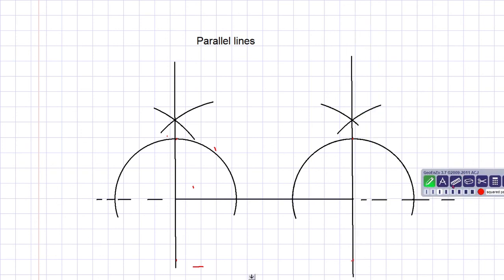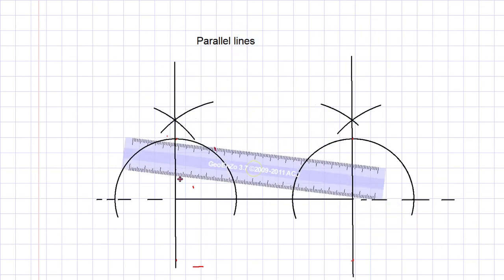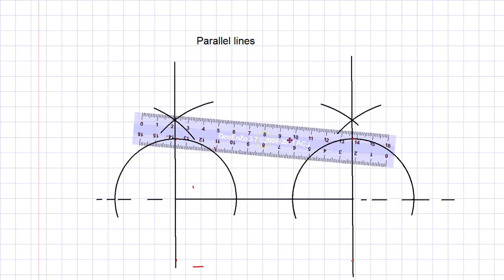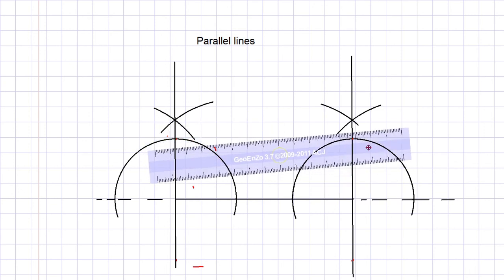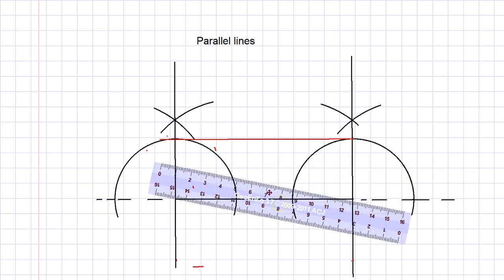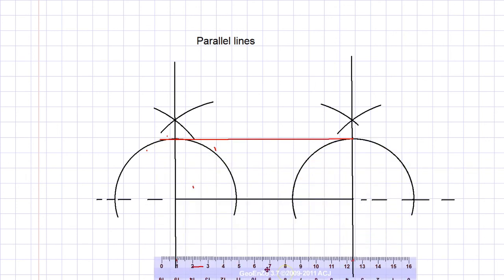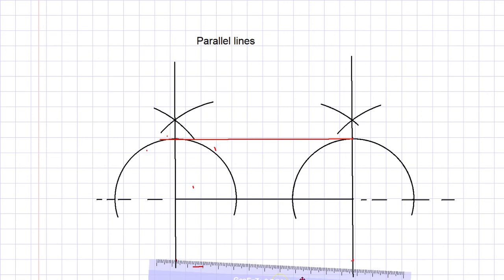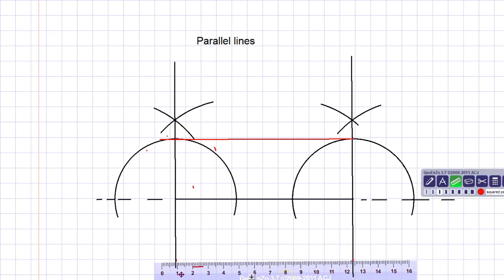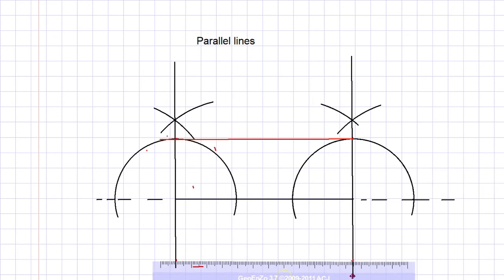Now let's join those points. This red color line is 4 centimeters away from the previous line. So you can draw two parallel lines on either side of the fixed straight line.